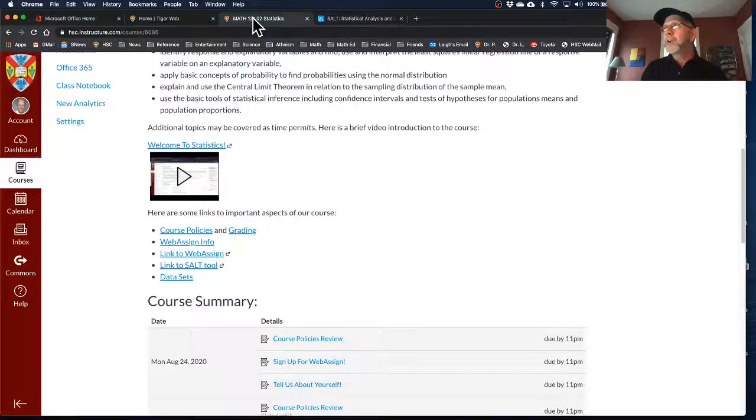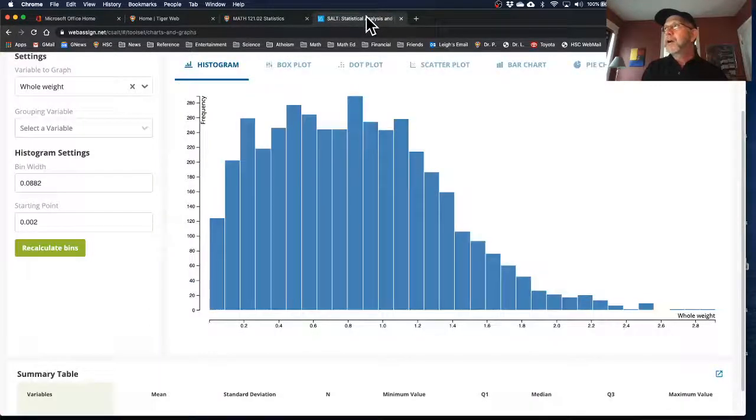Here, you can always get to SALT from our Canvas page right there. It's right above the course summary. And I've loaded in a data set here that is the weights of abalone. Abalone is a type of saltwater snail that's considered a delicacy by many people.